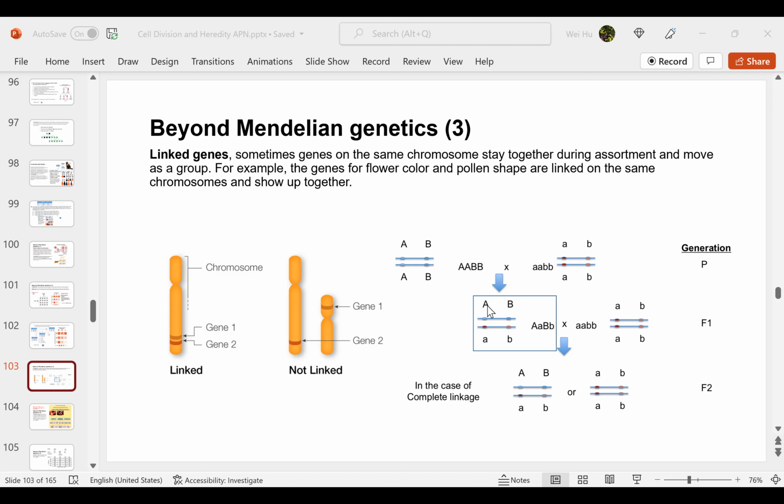AB is one gene. So you can see the phenotype is big A, big B, small b, because they only have one single type. If they cross with AB, then they got two, right? You really need to treat them as a single gene.